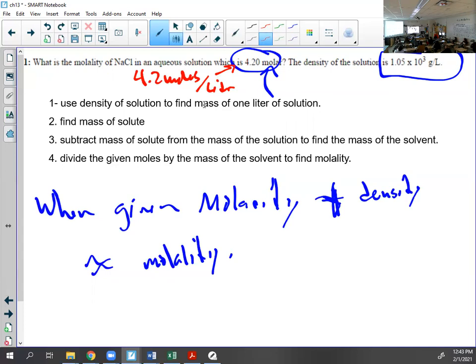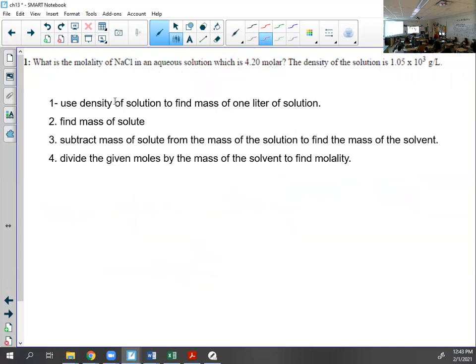Okay, so let's attack. Are we ready? Use the density of the solution to find mass of 1 liter of solution. So I take 1 liter and I multiply it by 1050 grams per 1 liter. And it's just 1050.